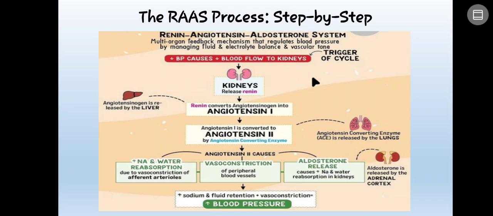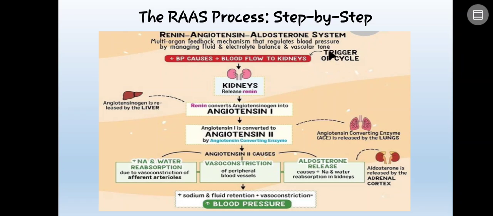That is one. The second one is the detection of sodium concentration in the distal convoluted tubules. We have some specialized cells there, called the macula densa cells, which are able to sense a reduced sodium concentration. What usually causes decreased sodium concentration is that when there is a reduction in blood flow to the kidneys, filtration will reduce.